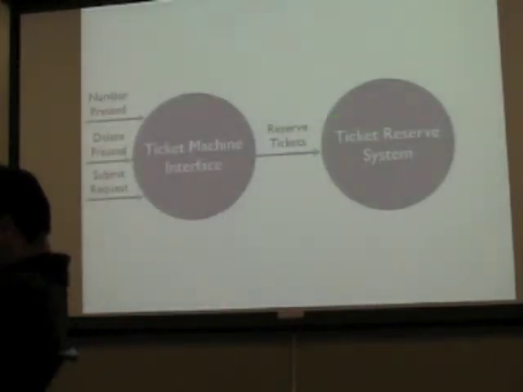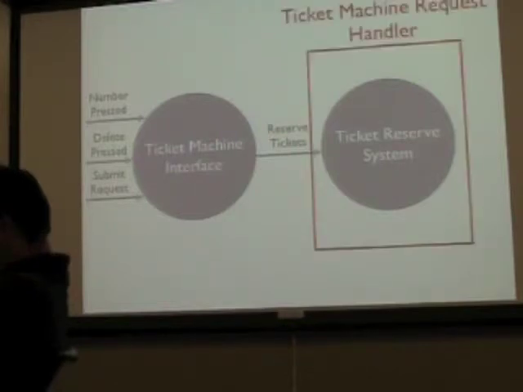So for example, if we go back to our concrete ticket machine interface here, if I'm writing a test for my ticket machine interface, I should not hang a dependency on the fact that it's talking to a ticket reserve system. Because I might want to change that ticket reserve system to a persist request object, right? I'm going to change the composition. And so what I want to do is say, what is the role that this object is talking to?